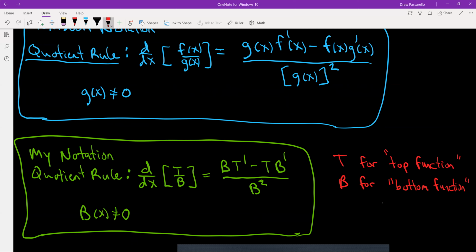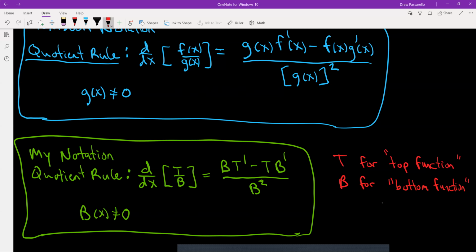This is how I would write it. The derivative with respect to x of t divided by b is going to be equal to the bottom function b times the derivative of the top function, minus the top function times the derivative of the bottom function. And then that's all divided by the bottom function squared.